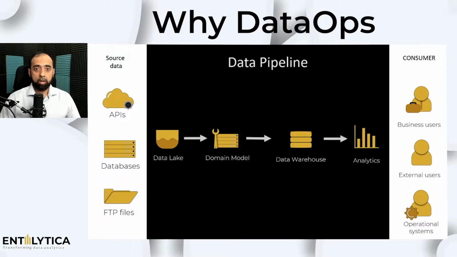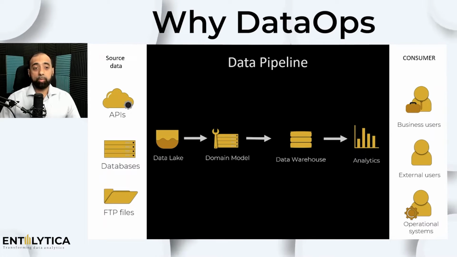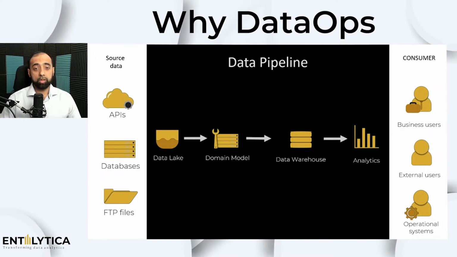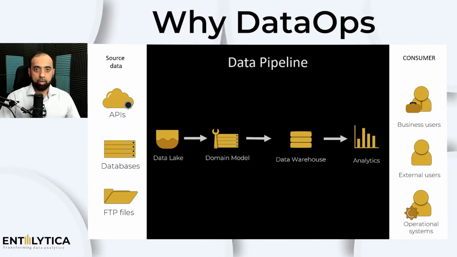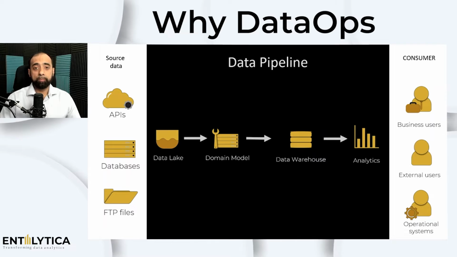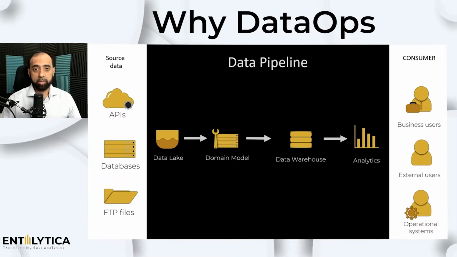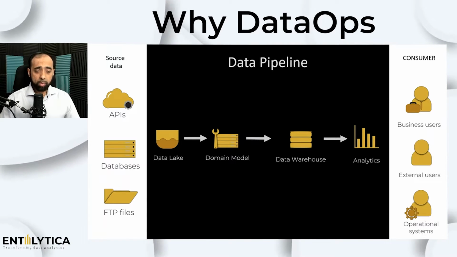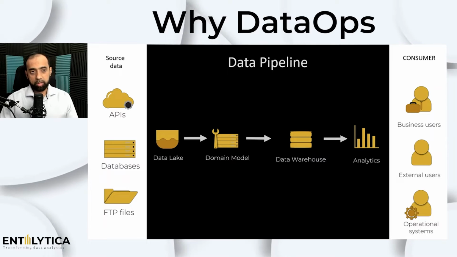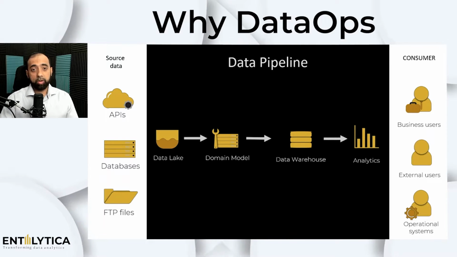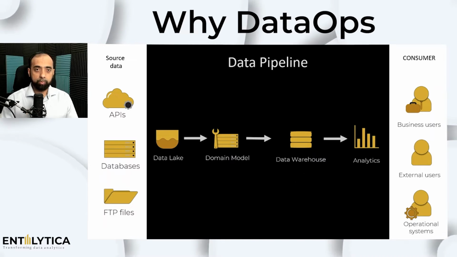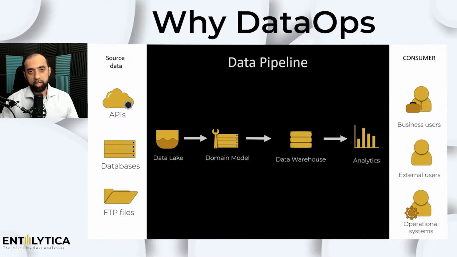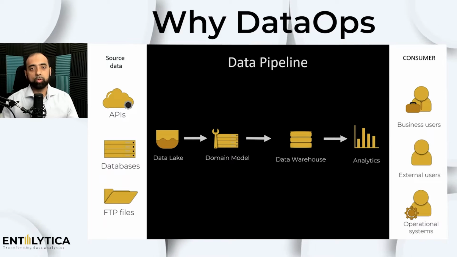And then it does happen sometimes where operational systems also get involved, which sometimes might need real-time data, and now that is even more stringent NFRs which they have to comply with. And as you see, a lot of different teams might have different performance requirements. The stage at which they read data from your data pipeline would also be different.